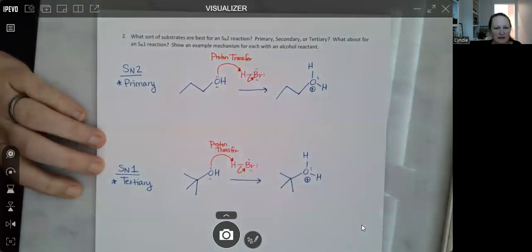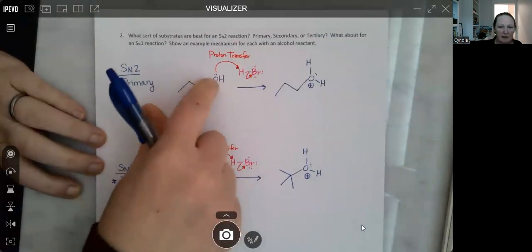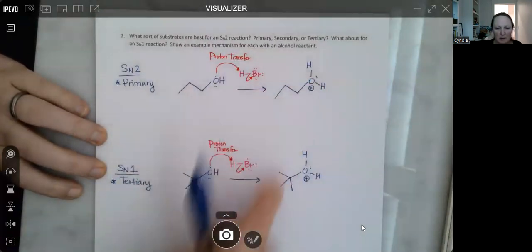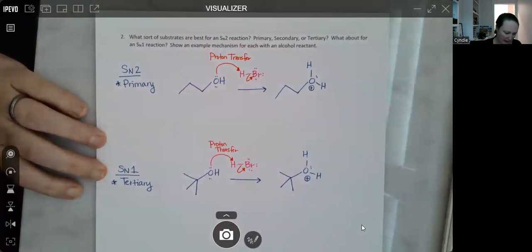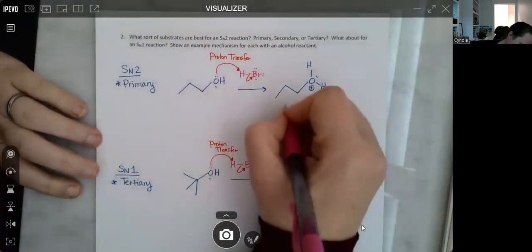Now this has effectively converted our bad leaving group into a good leaving group in both cases. And we've also formed some bromide.